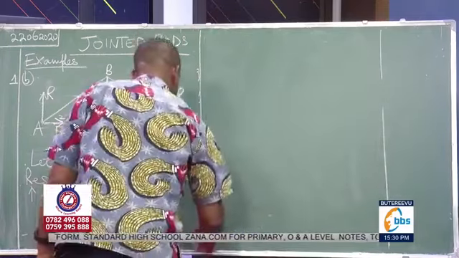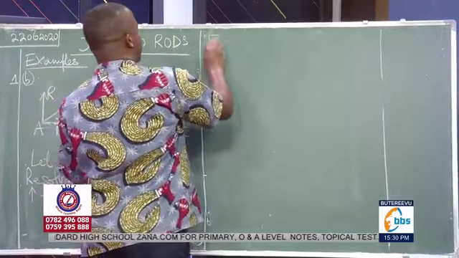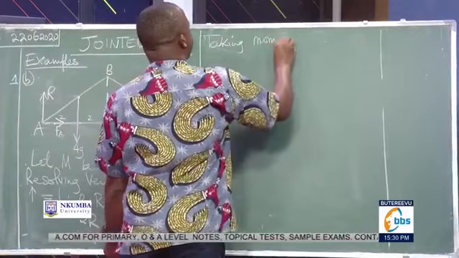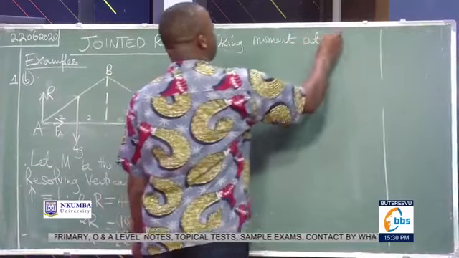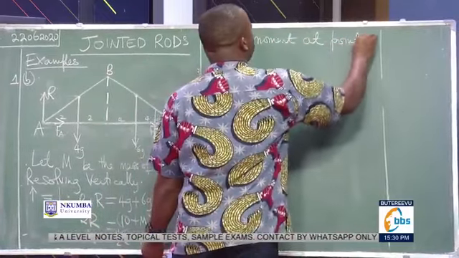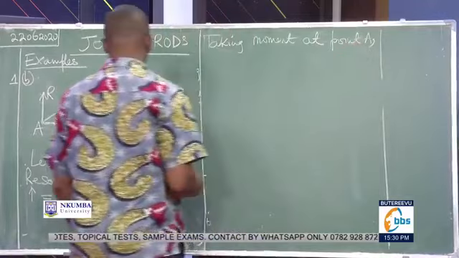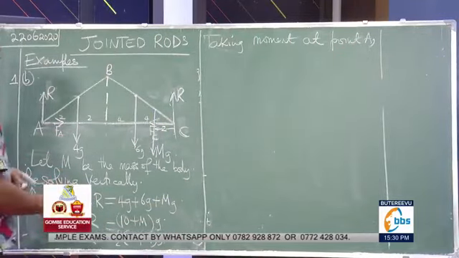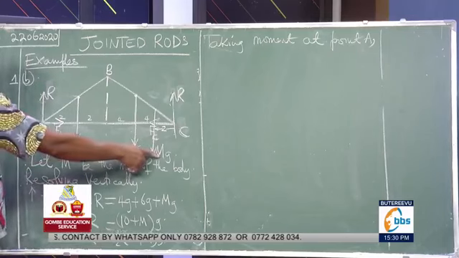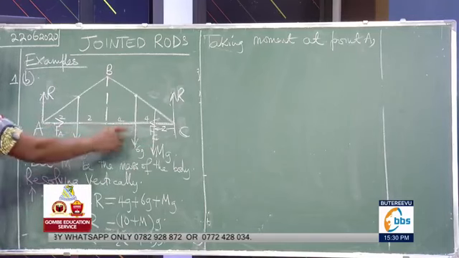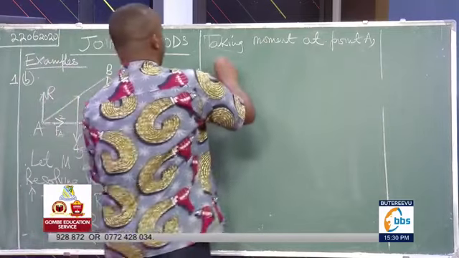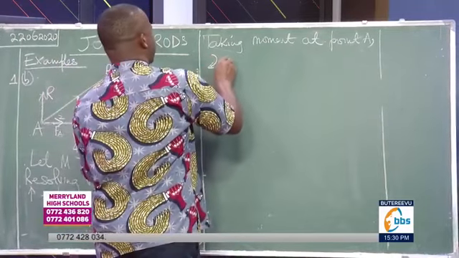So taking moments at point A, we will have 4. We already know how to resolve. What has been added in is mg. So we have 4g, 6g, mg all acting in the clockwise direction.